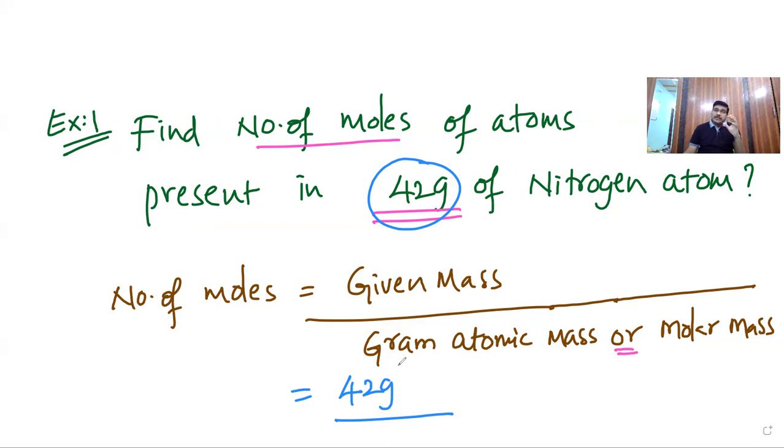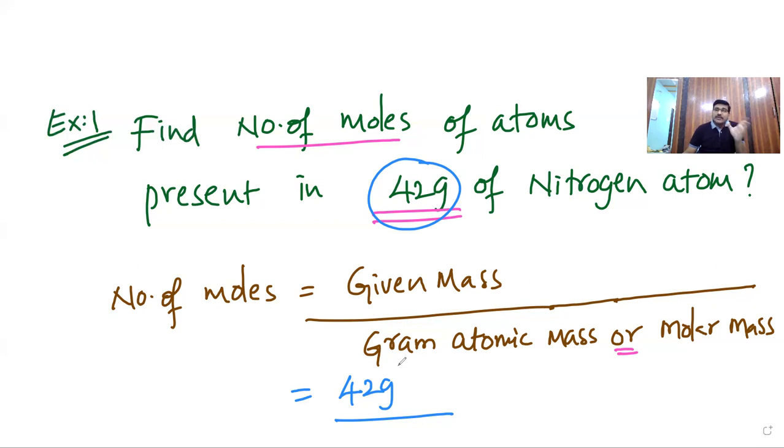Observe. The atomic number of nitrogen is 7. I'm clearly explaining, listen. The atomic number of nitrogen is 7, meaning it has 7 protons and 7 neutrons in the nucleus, and around the nucleus, 7 electrons are revolving. So for the mass of nitrogen, we take only the mass of protons and neutrons.